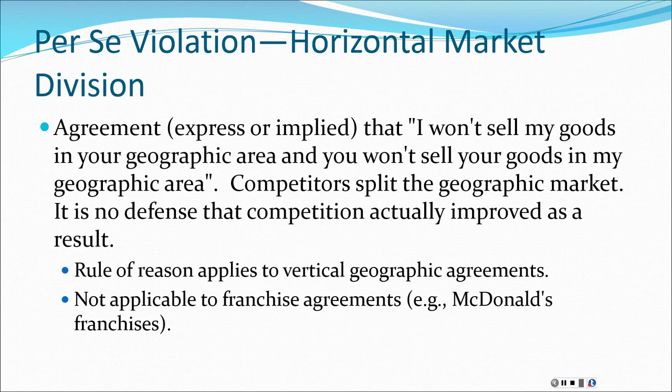Now, note the difference between horizontal market division and vertical geographic division. The vertical geographic division is typically what you have in a franchisor-franchisee relationship. For example, McDonald's Corporation and McDonald's franchises. Or, as it used to be until more recently, an example like the Olive Garden Italian restaurant.